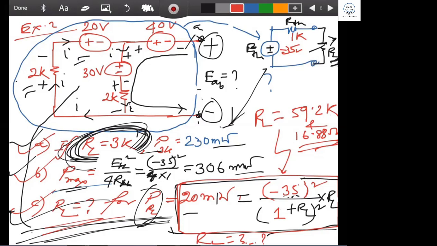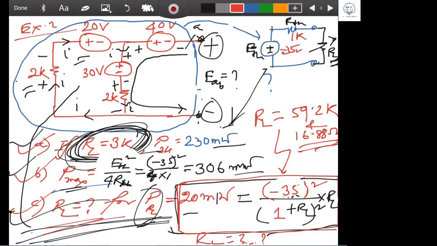The Thevenin theorem as well as the maximum power transfer theorem combined together in this example 2. Do you understand it? Yes, sir. So the final exam question will be coming like that, these two theories combined together, Thevenin's theorem and maximum power transfer theorem.